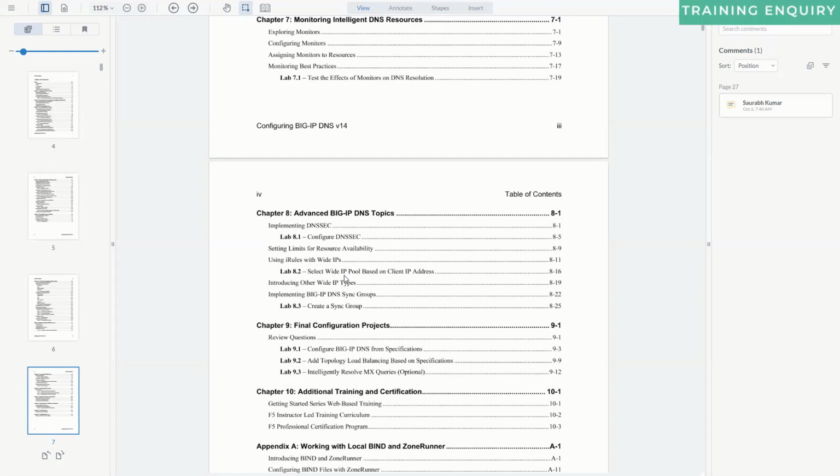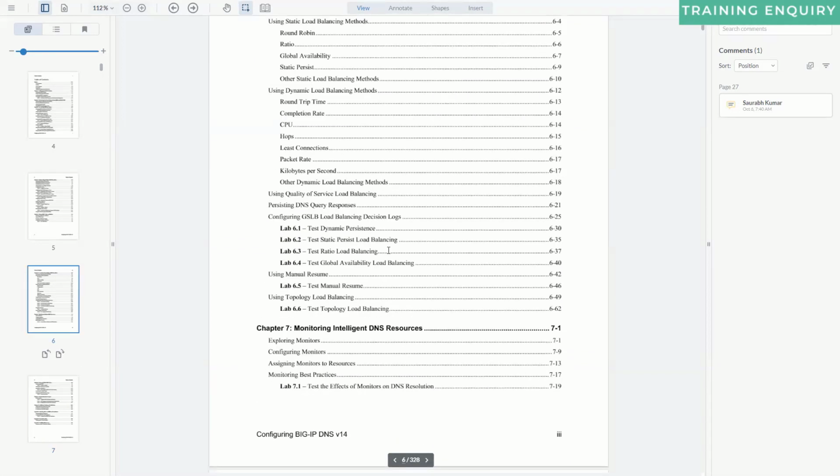And then you can specify specific pools, that okay, I want to use this pool of DNS servers in case the request is coming from this region, this country or continent, or containing this source IP address. That's basically called topology based load balancing, and that's what you're going to configure over there, right? So these are all the chapters that we're going to cover throughout this training.